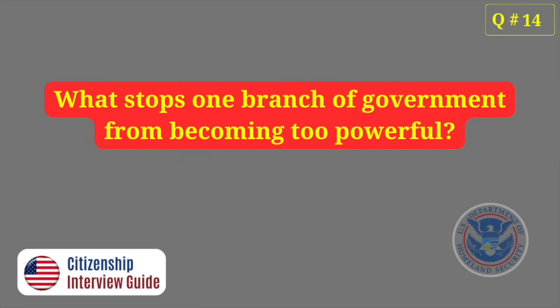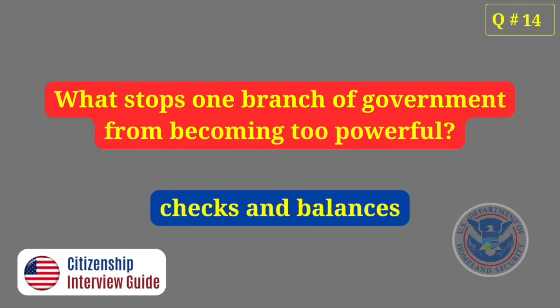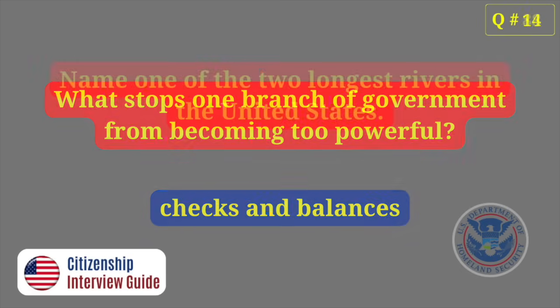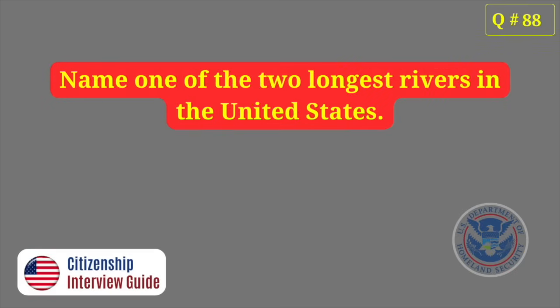What stops one branch of government from becoming too powerful? Checks and balances. Name one of the longest rivers in the United States.